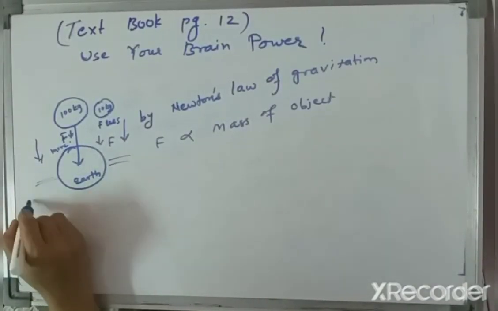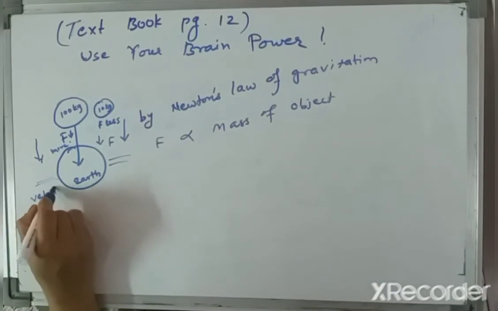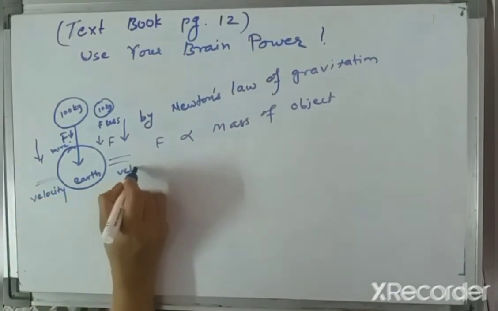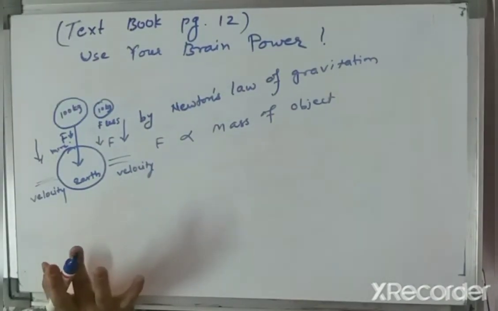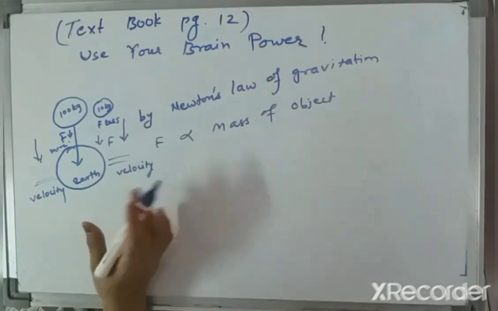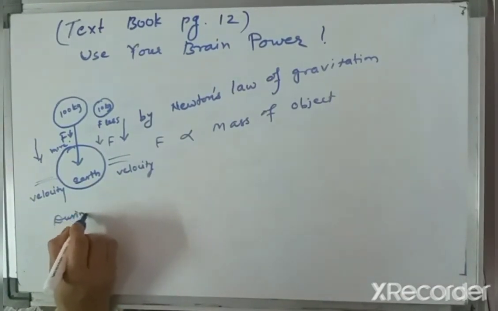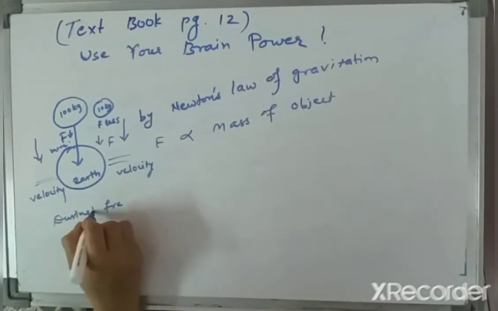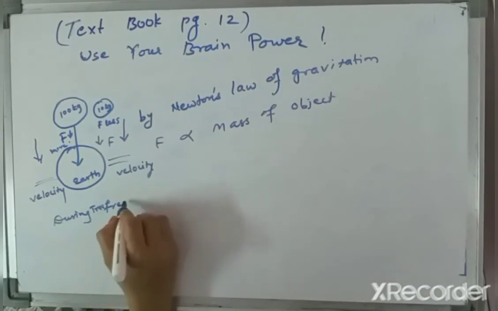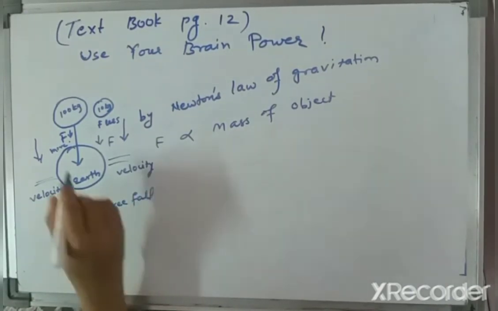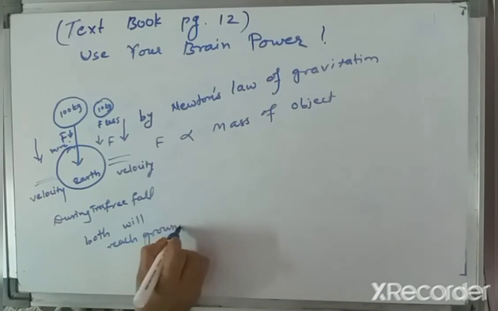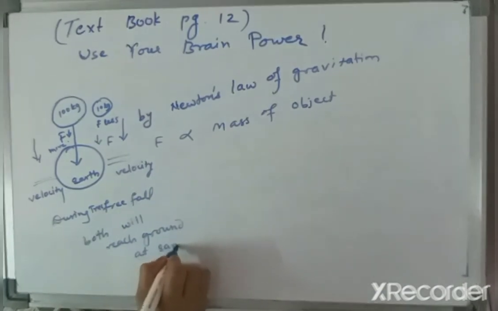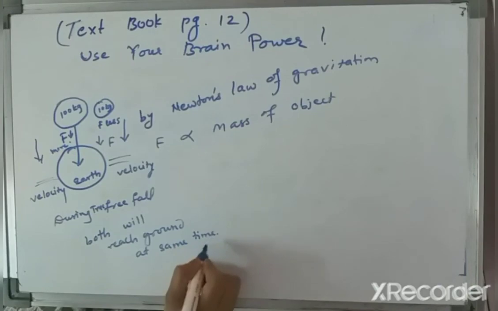Why are the velocity of this and the velocity of this not different? We have seen that during true free fall, when there is no other friction, both will reach the ground at the same time, right?